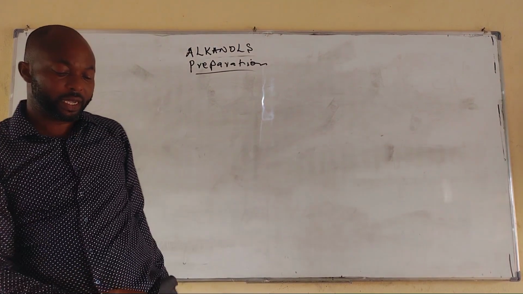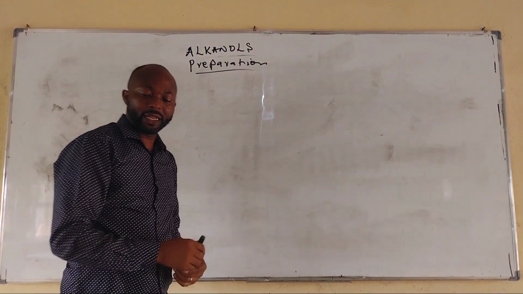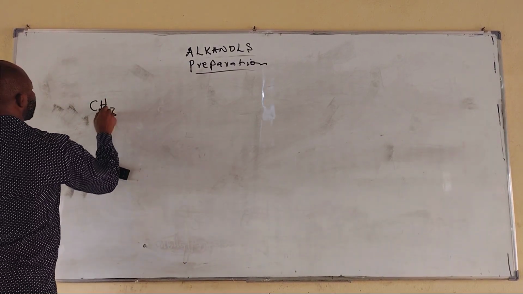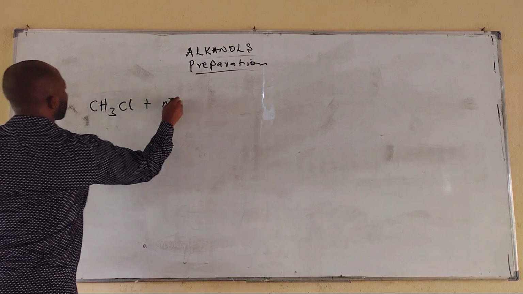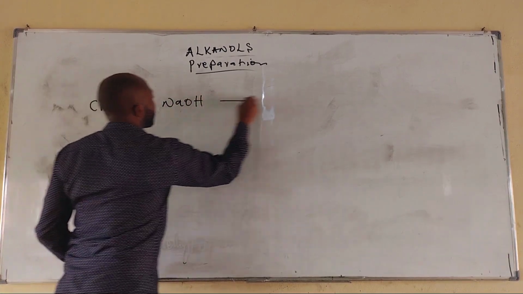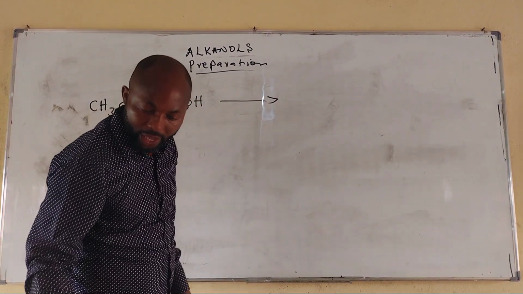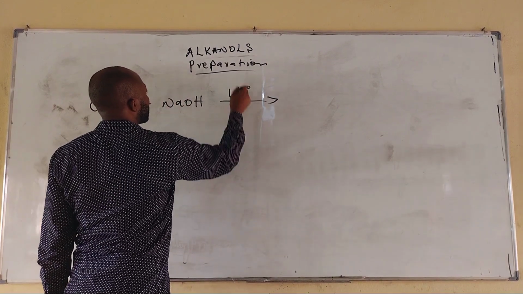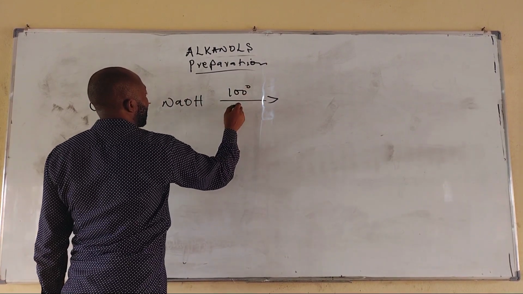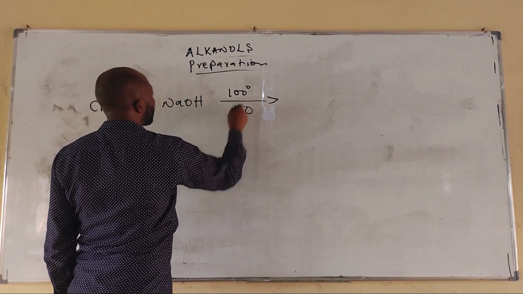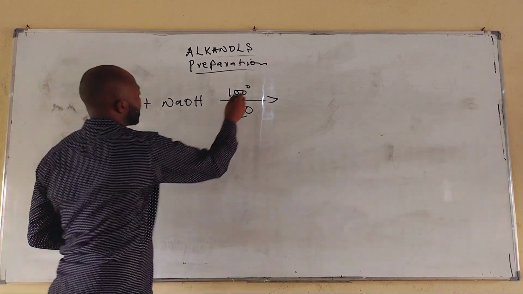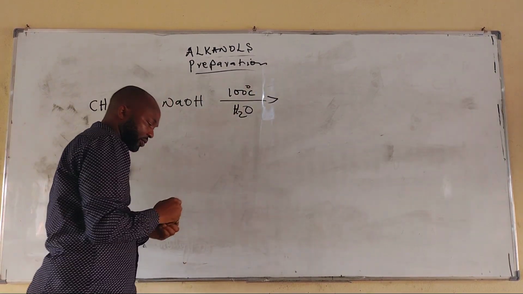So let's say chloromethane plus sodium hydroxide, CH3Cl plus NaOH. What's the condition? We have 100 degrees Celsius, the temperature, and water.